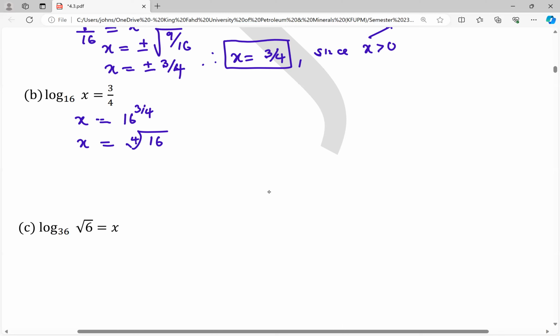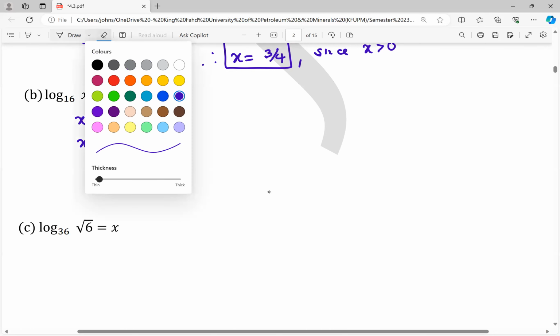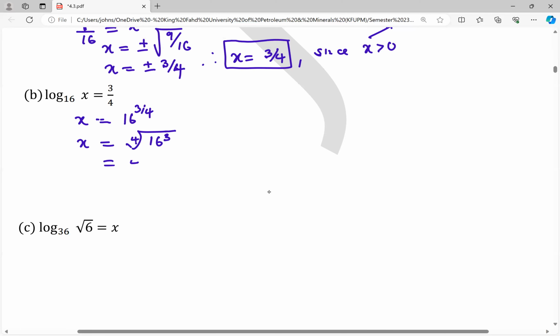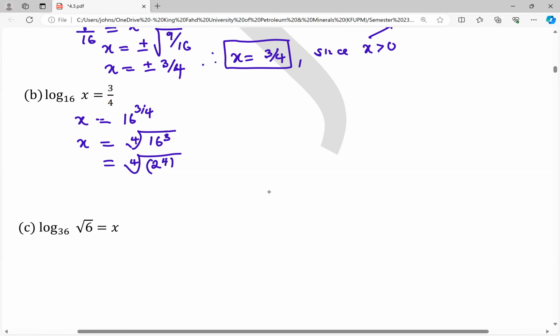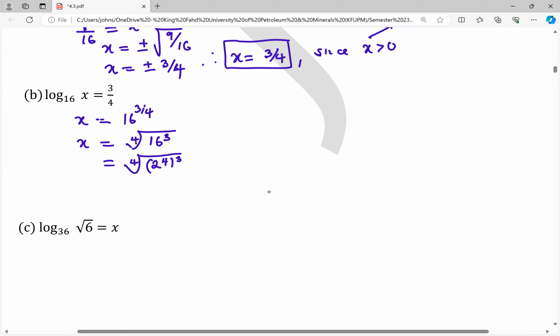So, but what is this? So this we can write as the fourth root of 16. How can we write 16? We know it's 2 to the power 4, times 3, right?